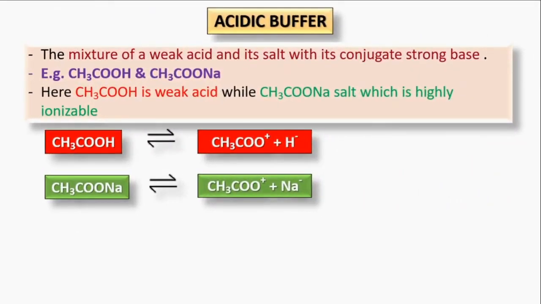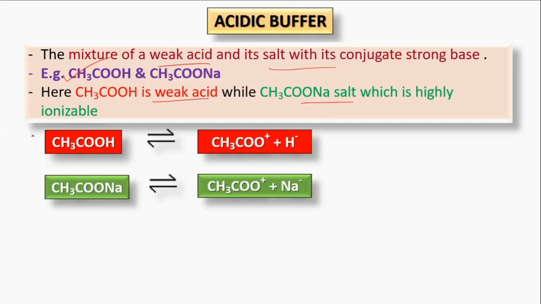So the acidic buffer is the mixture of a weak acid and its salt with a strong base, that is, the mixture of CH3COOH and CH3COONa, acetic acid and sodium acetate. Here acetic acid is a weak acid and sodium acetate is a salt of this acid which is highly ionizable.